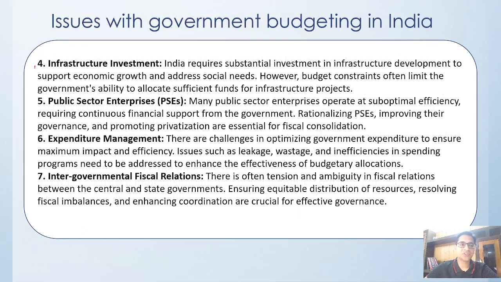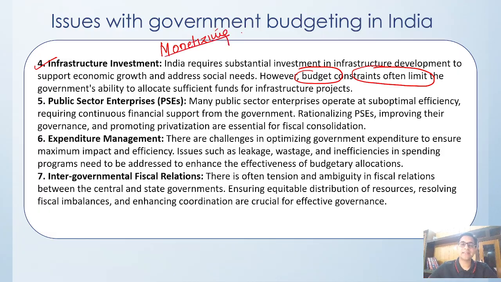Then infrastructure investment is not keeping pace. So we need government to invest a lot of money under this, but because of certain budgetary constraints, you cannot invest that much in this sector or that sector. So we need more and more funds for infrastructure. Right now government is monetizing assets.